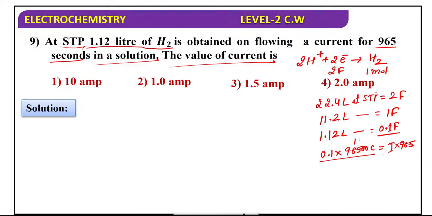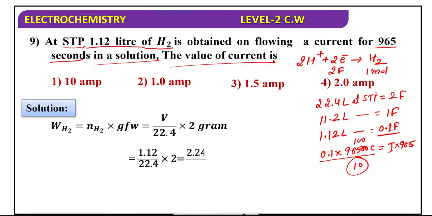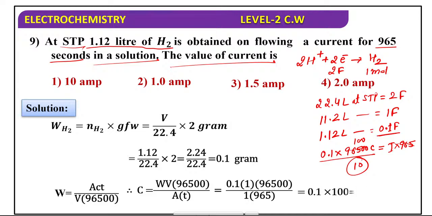So 965 divided by 100 comes out to be 10 ampere.